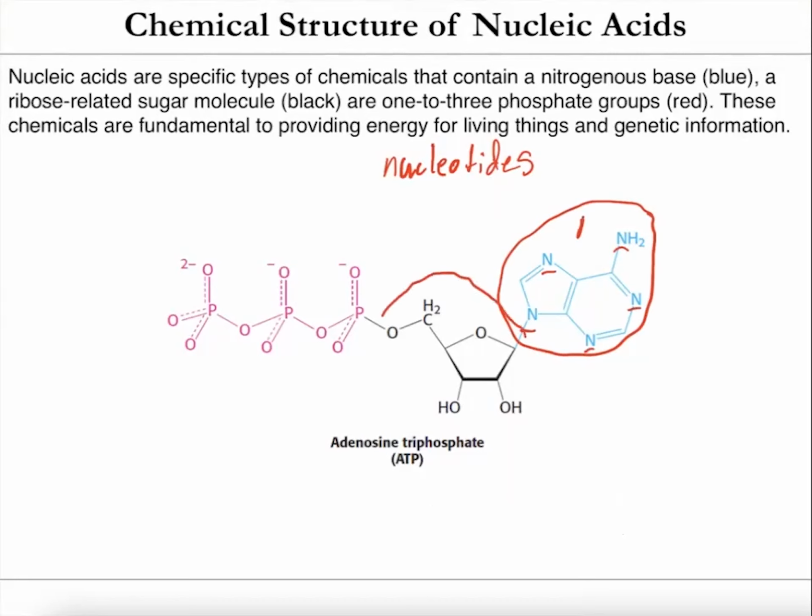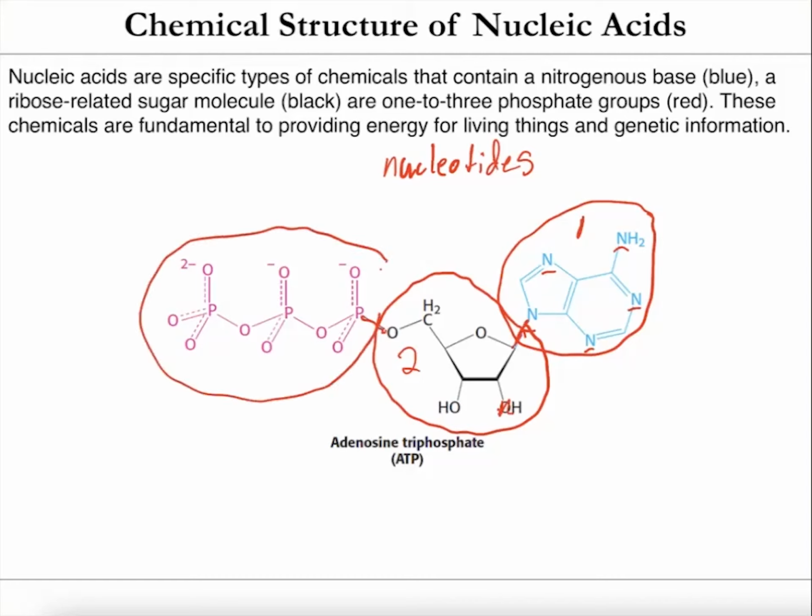Now the second feature is this right here. And so that's actually a sugar molecule called either ribose or deoxyribose. That's the main difference between DNA and RNA. And so this is just a sugar ring that links that nitrogenous base to the third part of the molecule, which is 1 to 3 phosphate groups. And so these phosphate groups are really important. They're fundamental to form the polymers in DNA and RNA.